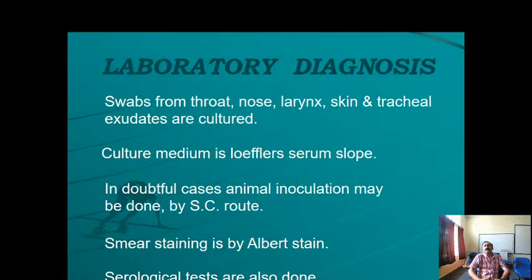Lab diagnosis: swabs from throat, nose, larynx, skin and tracheal exudates are cultured in Loeffler's serum slopes. In doubtful cases, animal inoculation can be done by the subcutaneous route. You do a smear by Albert stain, and serological tests are also done.